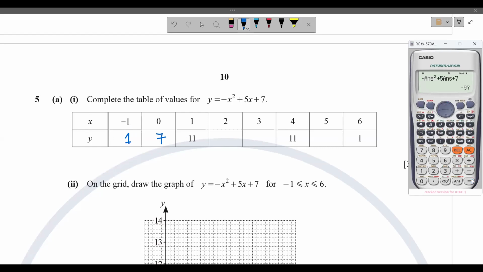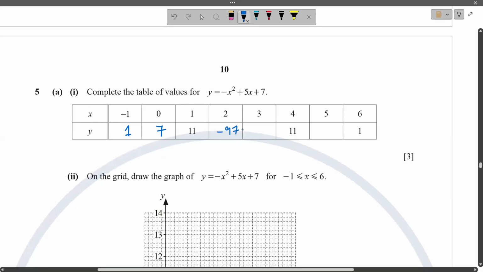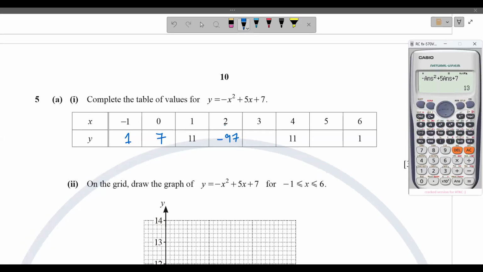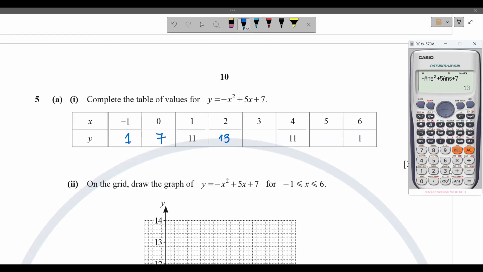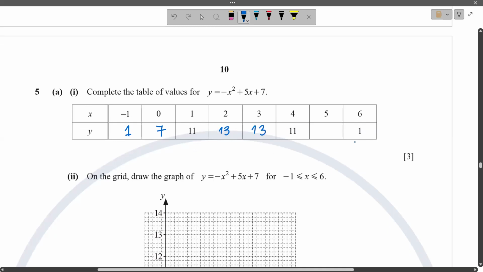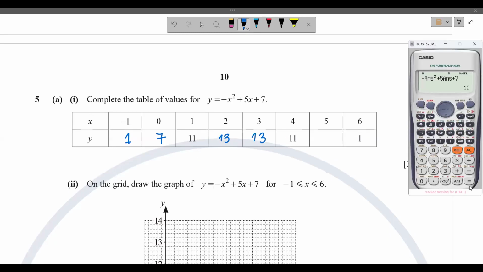Go back to the equation with 2: it's 13. Then 3, go back, it's 13 again. Then 5, go back, equals 7.